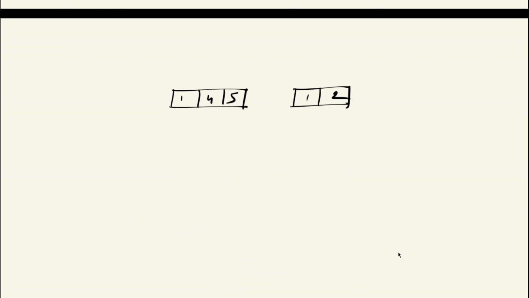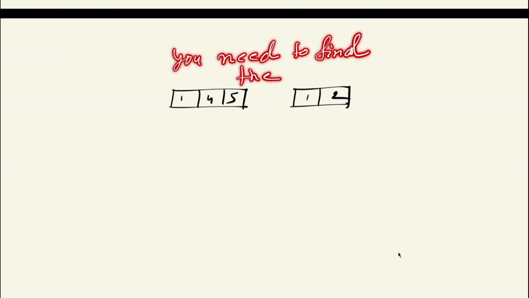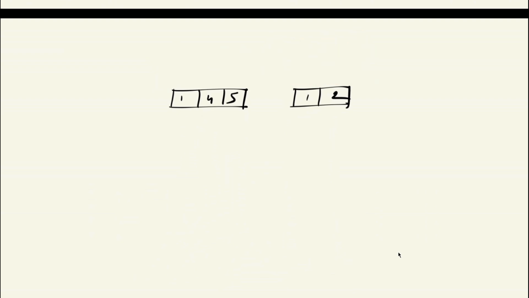Okay, so given that you have two sorted arrays, this one and this one, you need to find the count of inversion. Okay, so let's see how we can solve that.